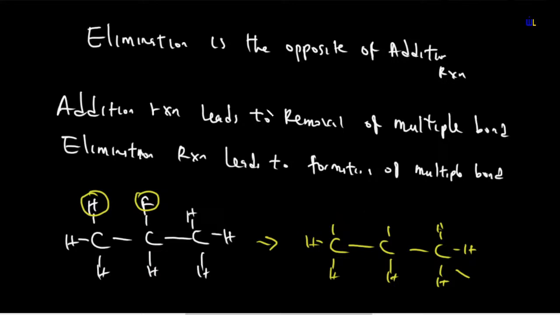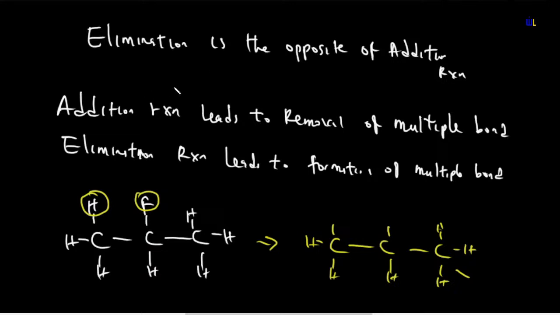So we can take note of this, that elimination is simply the opposite of addition. An elimination reaction is a reaction which involves the removal of species from adjacent carbon atoms to increase unsaturation of the compound.